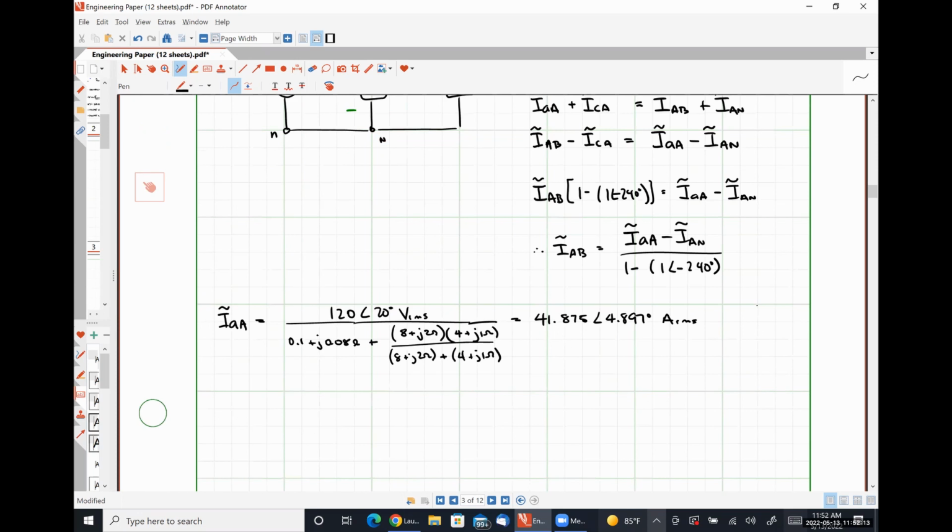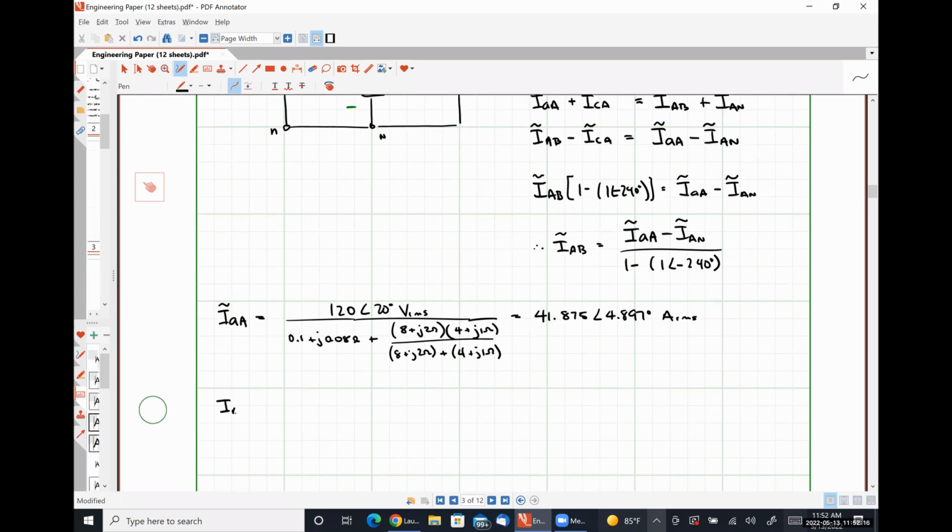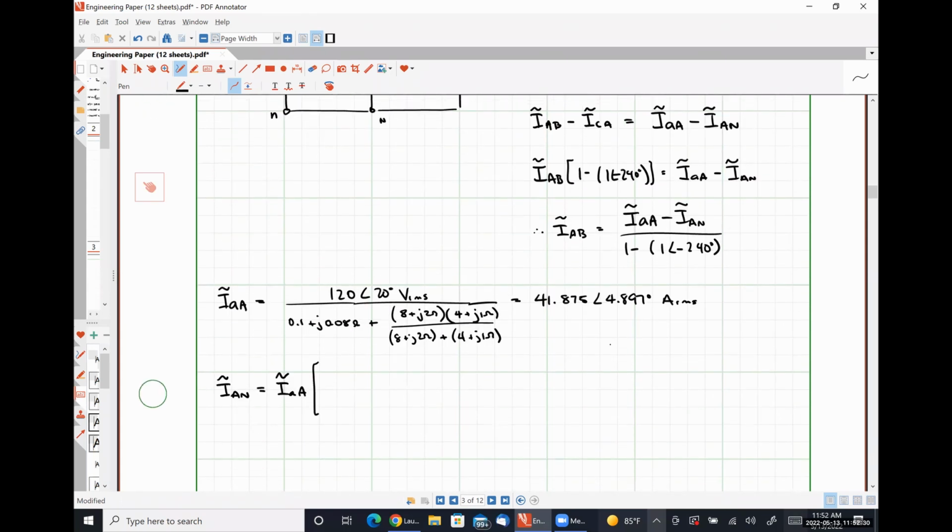So using current division, IAN is going to be IAA multiplied by 1 over ZY over 1 over ZY plus 1 over the delta Y, which I get to be 13.958 angle 4.897 degrees amps RMS.